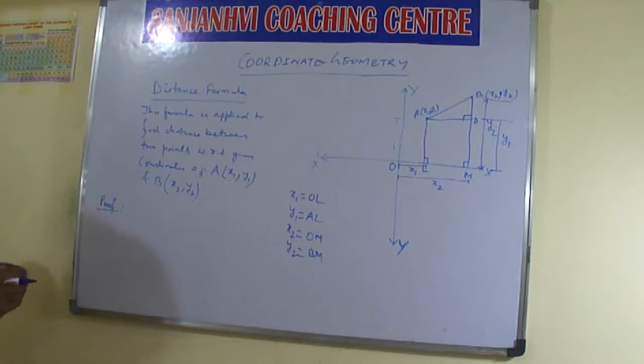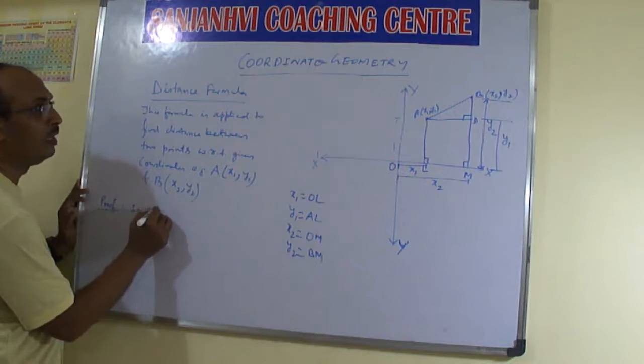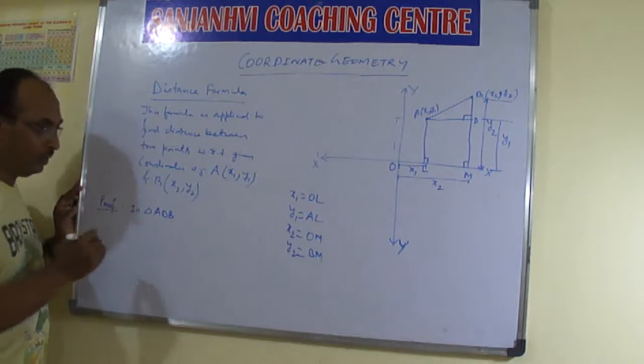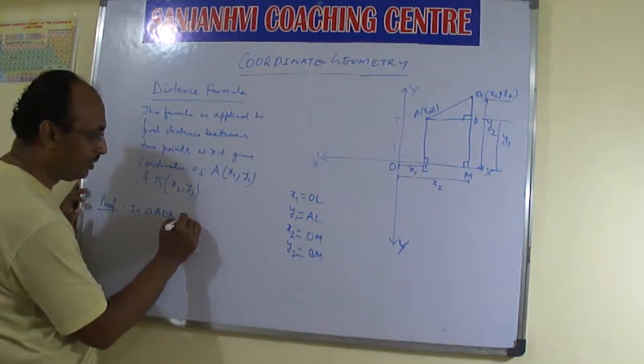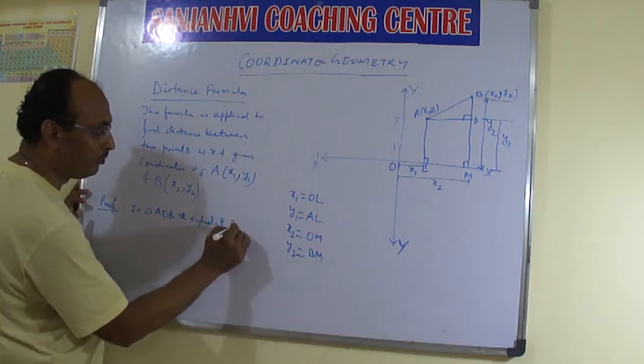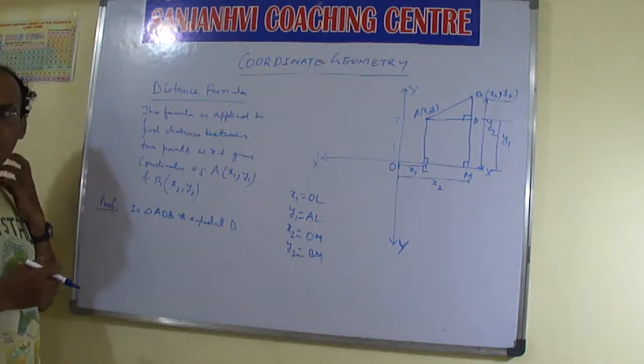So in triangle ADB, the right angle is at D. That is a right angle triangle, so we can apply Pythagoras theorem.